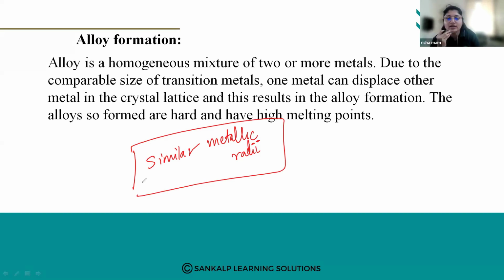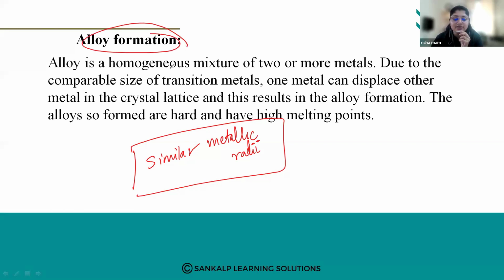So alloys are homogeneous mixtures in which one metal is combined with another or two or more metals. Transition metals have that tendency, so they are used in alloy formation.